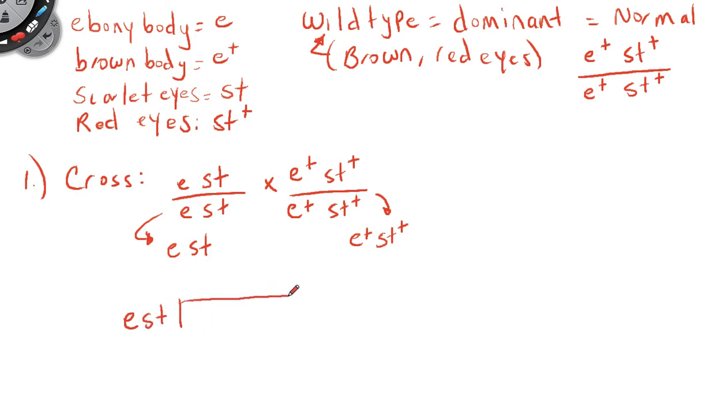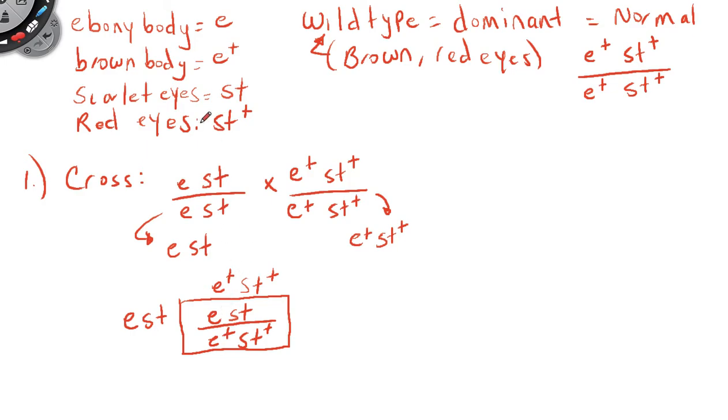Because you know that you are limited by the number of possible gametes. So all you have to do is cross this gamete with this gamete, and this is what you get. Okay, so you know that the offspring is going to be heterozygous.